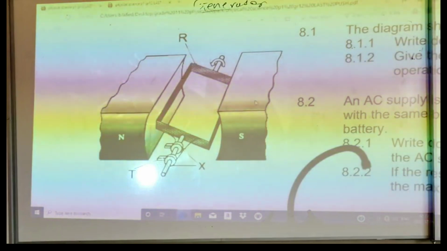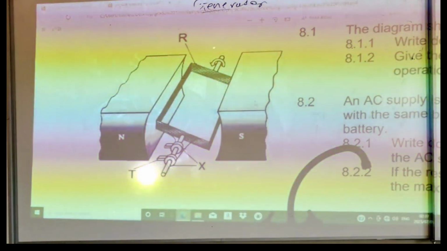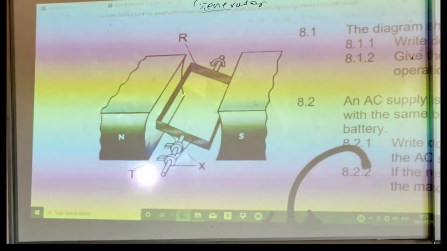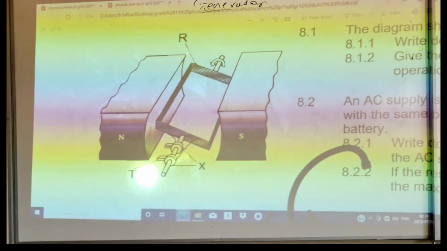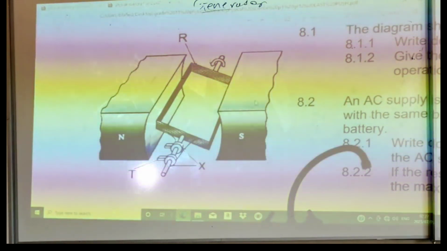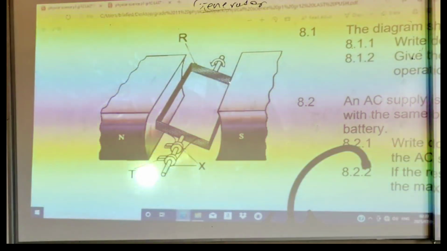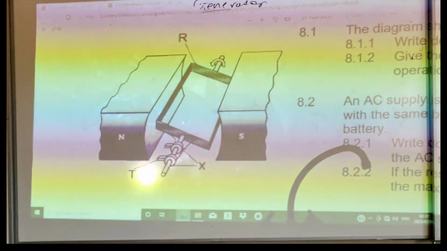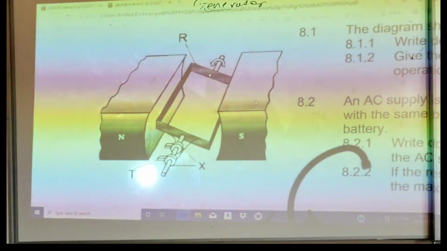There is nowhere in this circuit where we see batteries to show that it works by electricity. Instead, it generates electricity. So this is a generator. It's an AC generator because of the slip ring, and we know that it is a generator because there is no source of energy in the form of batteries.